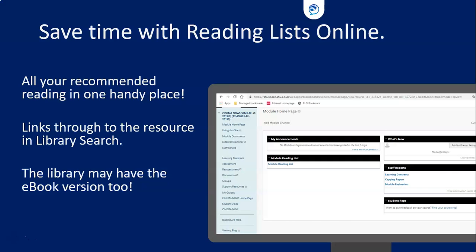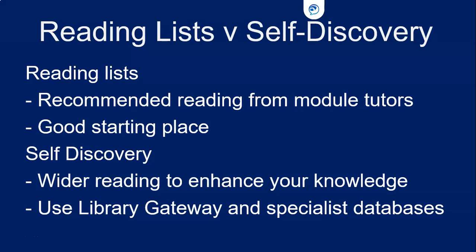They will include links wherever possible to the online version of the recommended reading so that you will be able to access the material regardless of whether or not you're on campus. Reading lists are a really good way of getting started when you are new to a subject, as they are items, readings that your academics are recommending to you. So they are a good starting place.